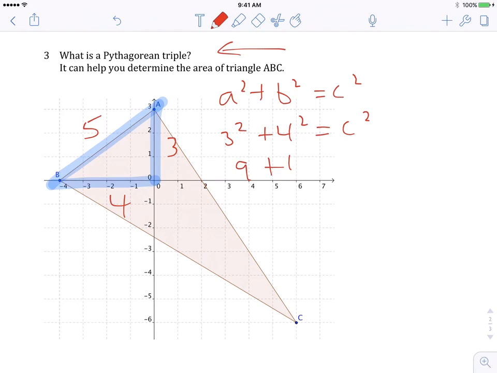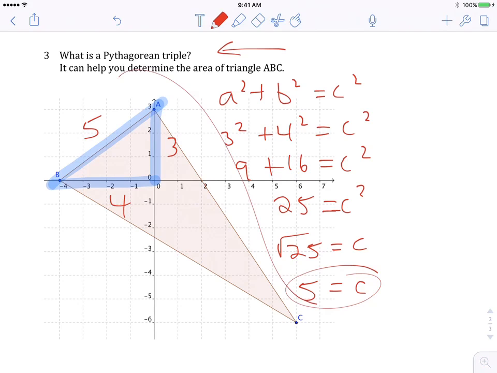That's 9 plus 16 equals c squared, so 25 equals c squared, and the square root of 25 equals c, or 5 equals c. We know that is indeed true. So 3, 4, 5 perfectly satisfies the Pythagorean theorem. Therefore, we say that 3, 4, 5 is a PT, Pythagorean triple.